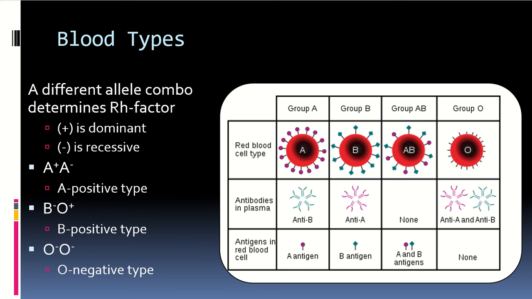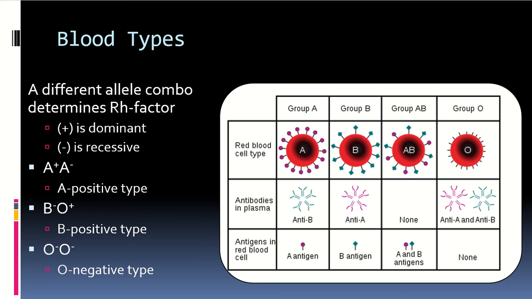That's what is being referred to when someone says they're A positive, B positive, AB negative or O negative. Essentially, inheriting a positive allele is dominant, whereas a negative allele is a recessive trait.